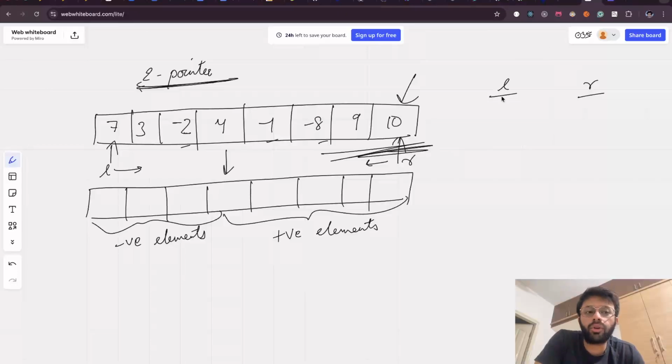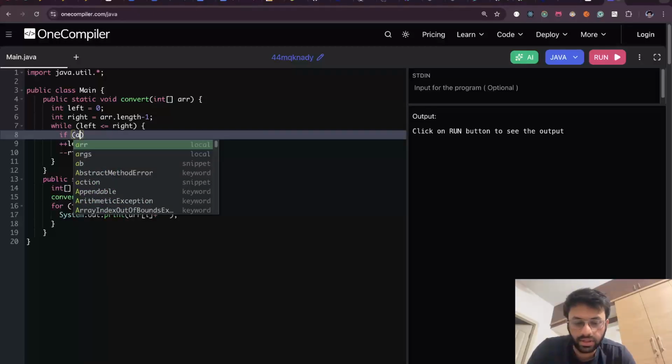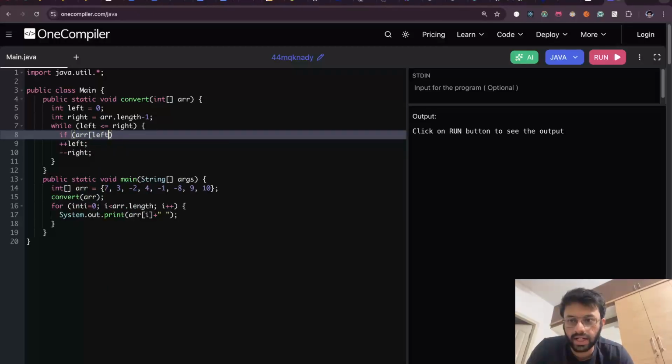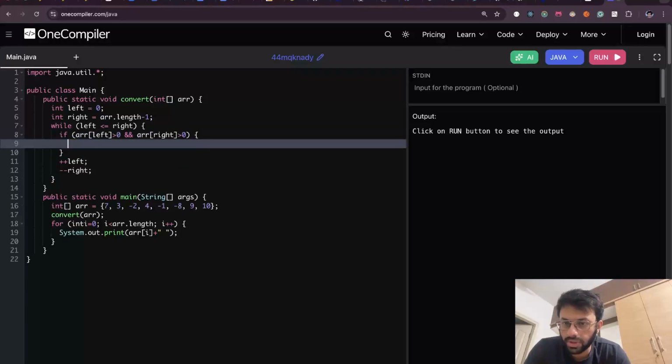One possible condition is that the left pointer is pointing to a positive number and the right pointer is also pointing to a positive number.